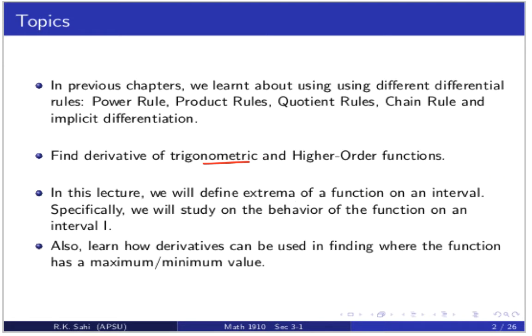As I said earlier, we're going to be defining the extrema of a function on an interval. Specifically, we're going to study the behavior of the function on that interval. At the same time, we will apply the derivatives in helping us find where the function has a maximum or minimum value. So I'm going to start with an example for the extrema of a function.